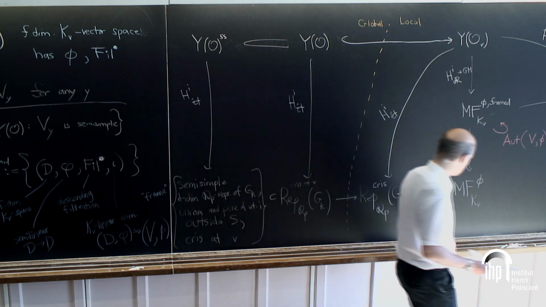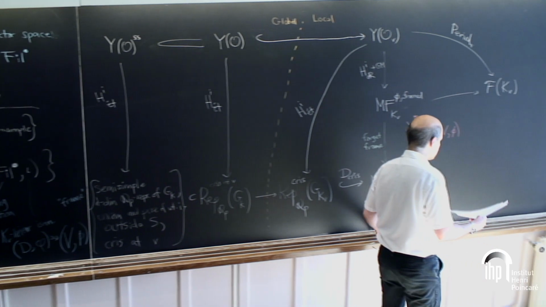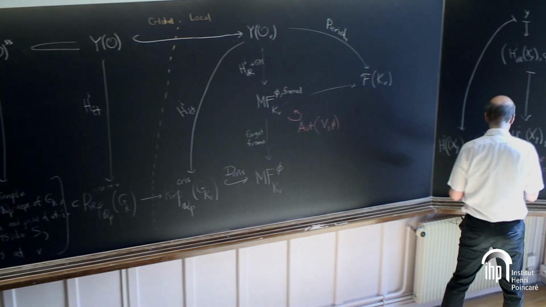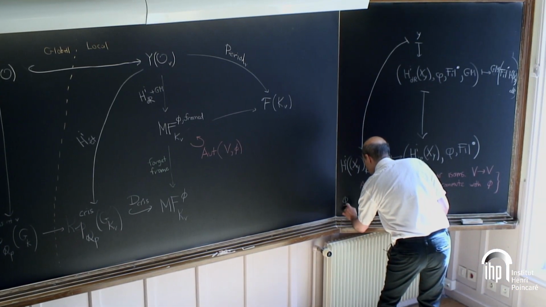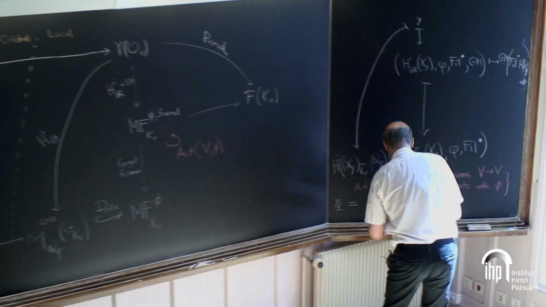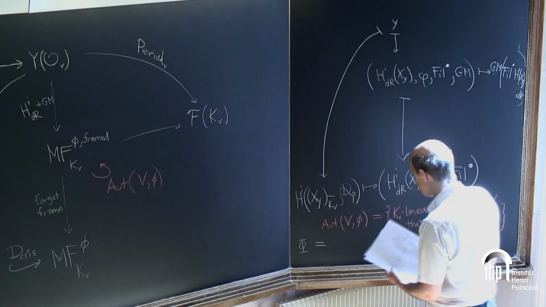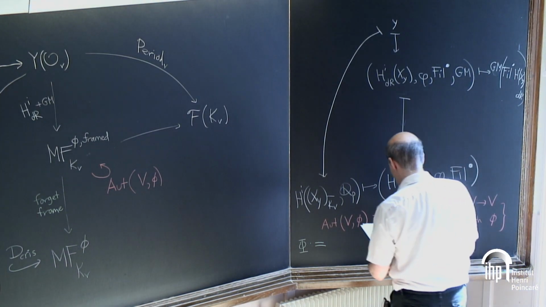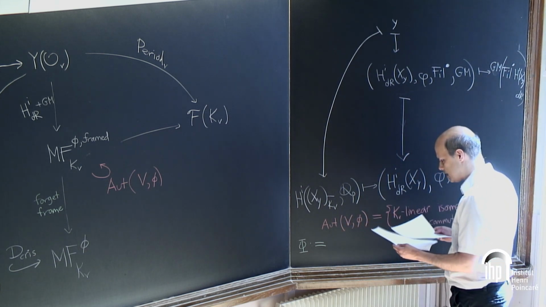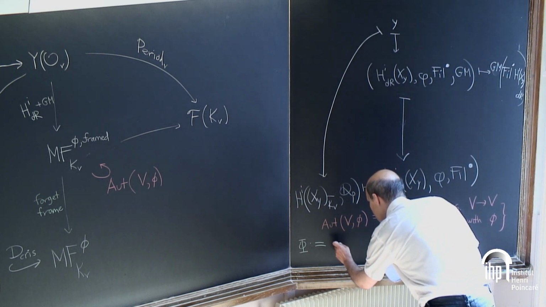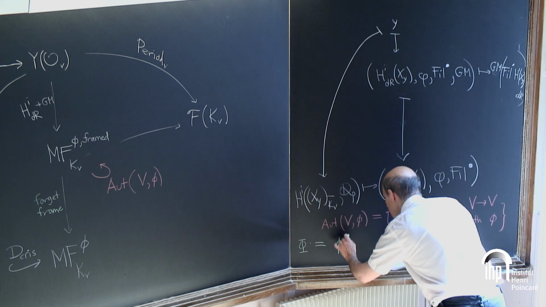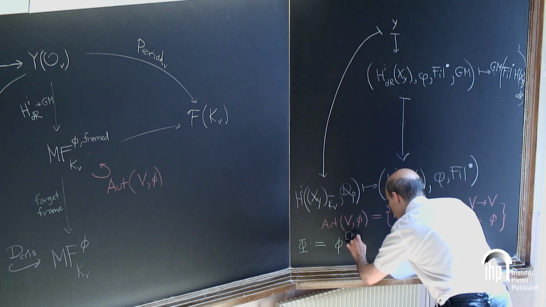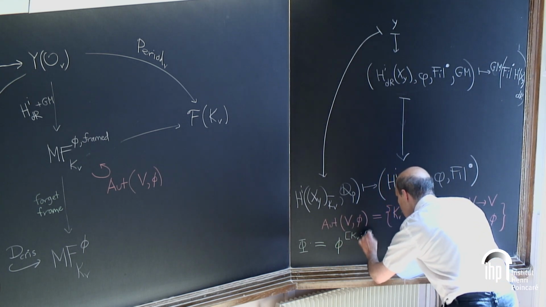So over here, let me also define capital phi to be the power of phi that makes it KV-linear. I raise it to the degree of this unramified field extension.